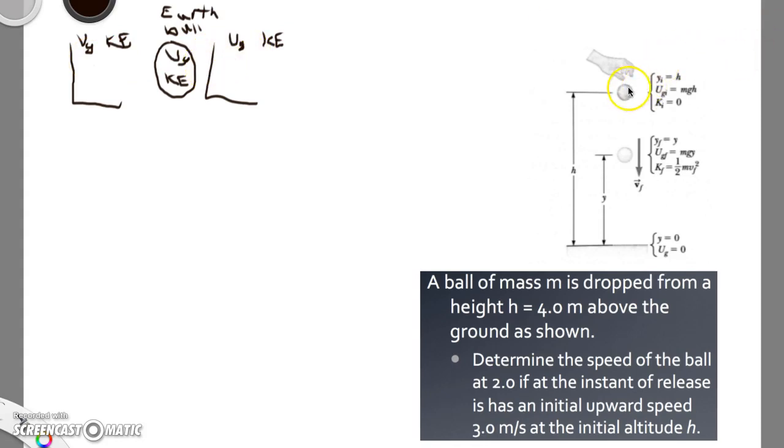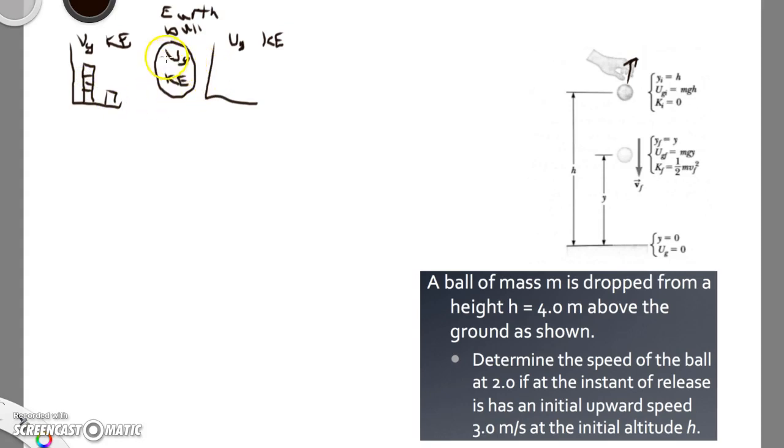The change this time is that initially it's moving upward. We have some v initial, which means that it actually has more energy now than it did before. So we can say, I had 4 boxes of this, and now we have an additional box of kinetic energy from it moving upward.